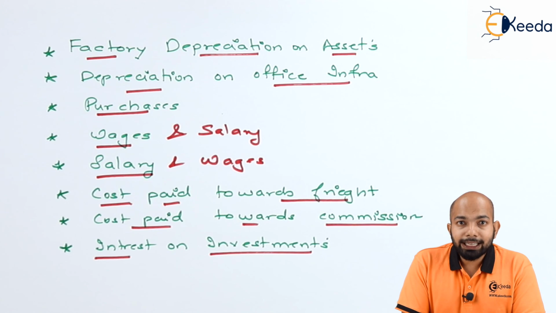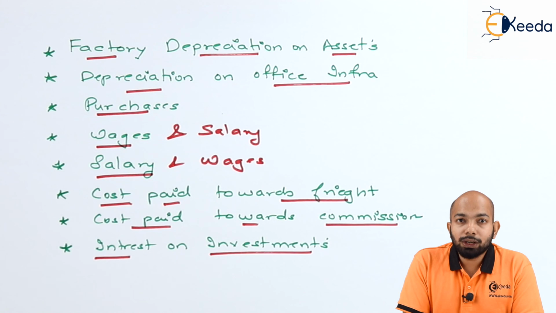So, non-operating expense and income always form a part of profit and loss account. Hence, this specific item will be a part of profit and loss account. In this question, we'll assume that interest on investment is received or rather earned. So, profit and loss account will be credited with that specific amount.